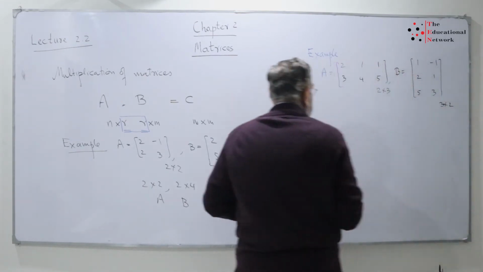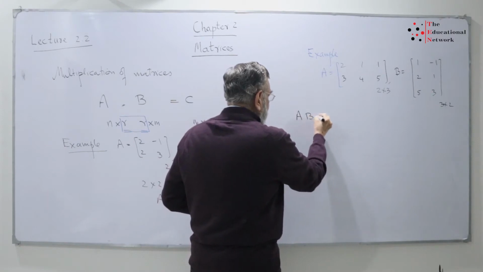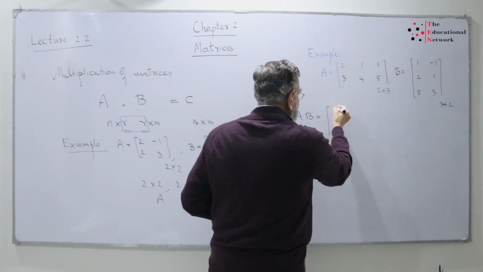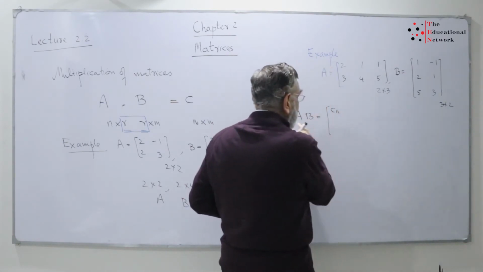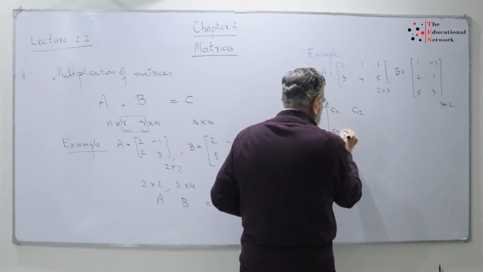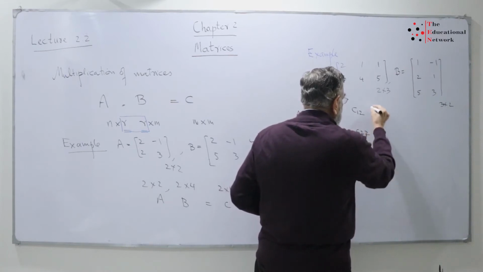The idea for multiplication is, we have AB. I can write this result as first row, first column, C11. The matrix AB is 2 by 2: C11, C12, C21, C22. So this is the result.